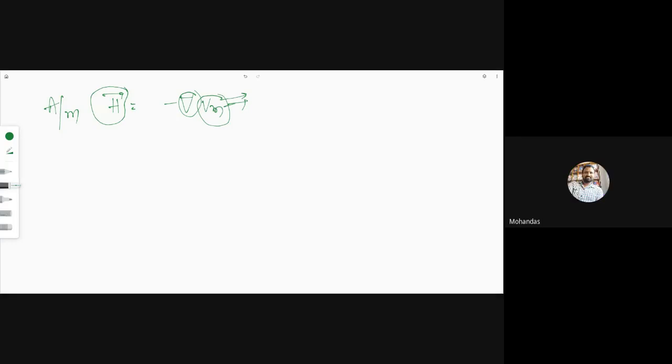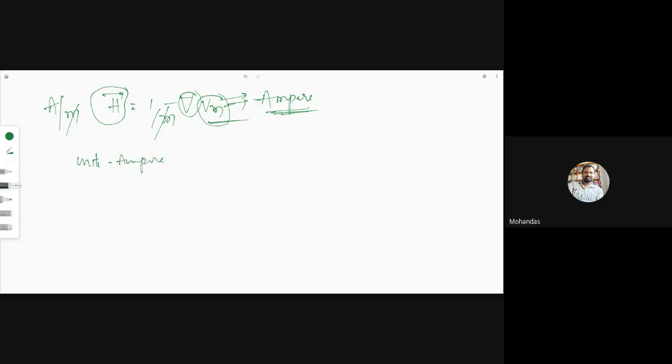Very good. So on the LHS, 1 by meter is there, and here also 1 by meter. You can cancel out. Then what are the units for Vm? Ampere. So the units for scalar magnetic potential are amperes.